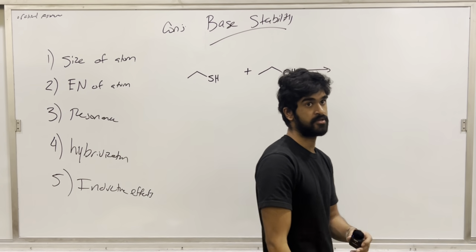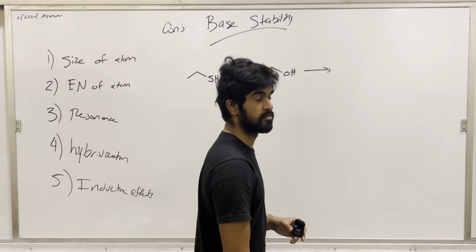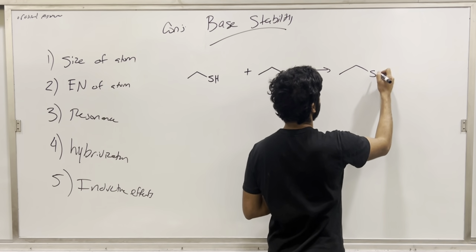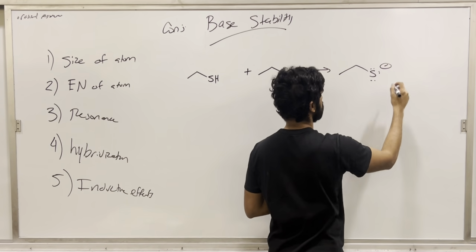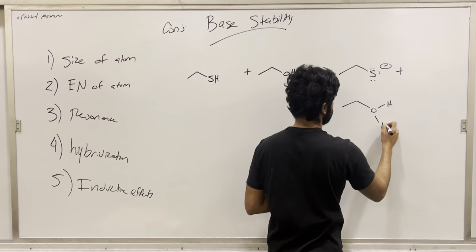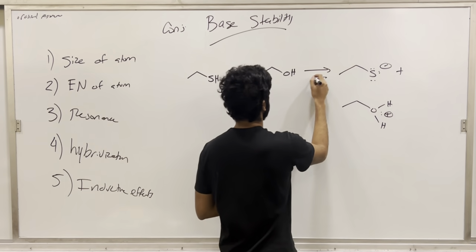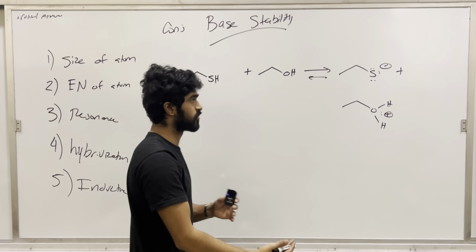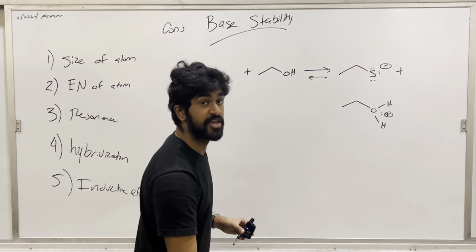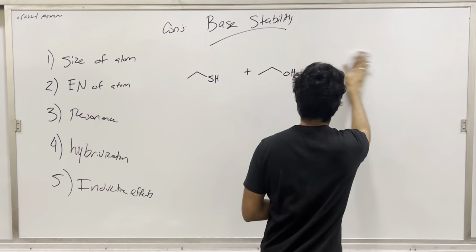Just based on the table. The SH is stronger. Yeah, so we're going to get that. That's what we're going to get if they reacted. But classically, you won't be shown it like this. You're going to be shown it like this.